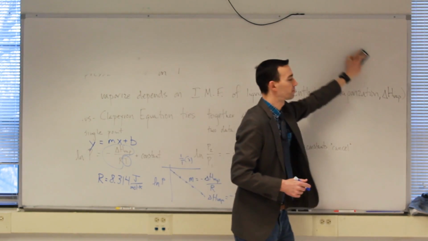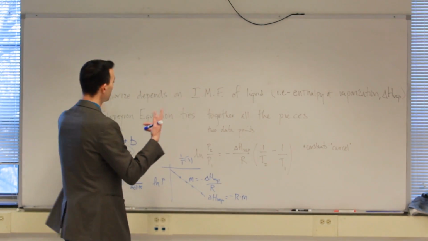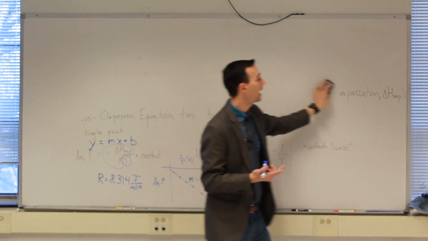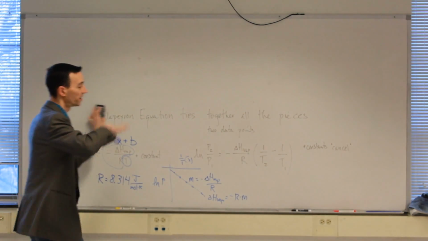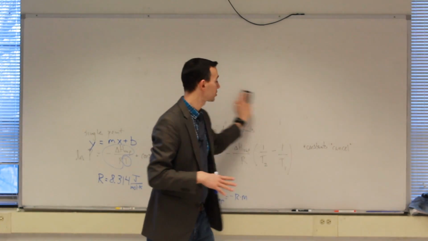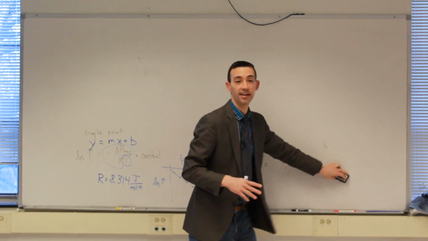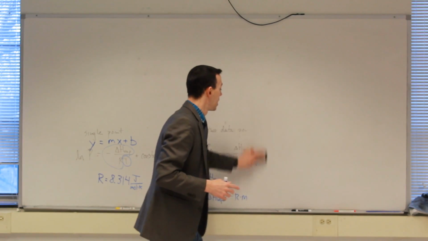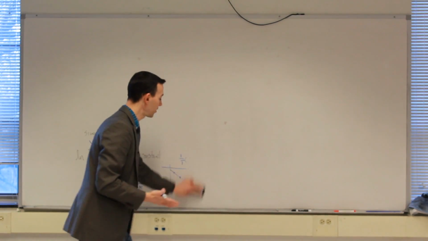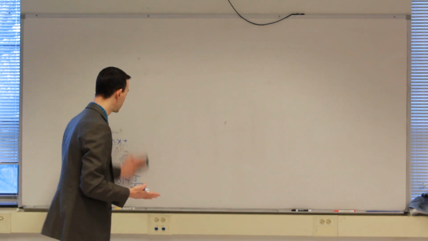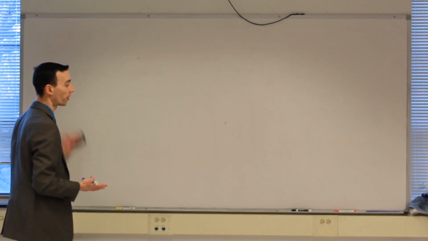1 atmosphere is special because that's what we think of as the normal atmospheric pressure. So that's how much pressure the atmosphere normally applies on us and everything around us. When a liquid pushes out with 1 atmosphere of pressure, it's going to boil.